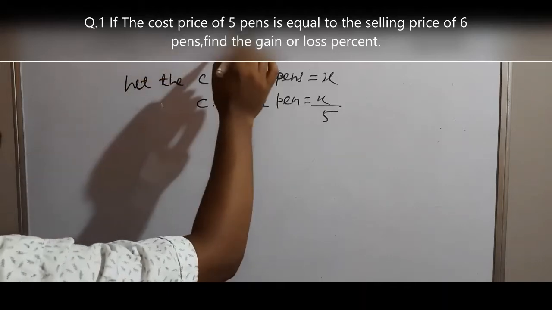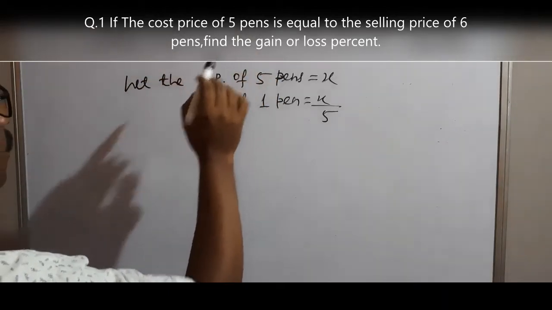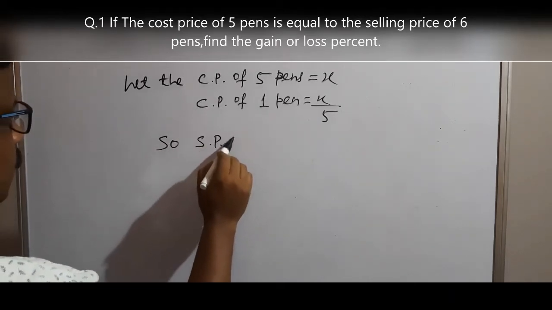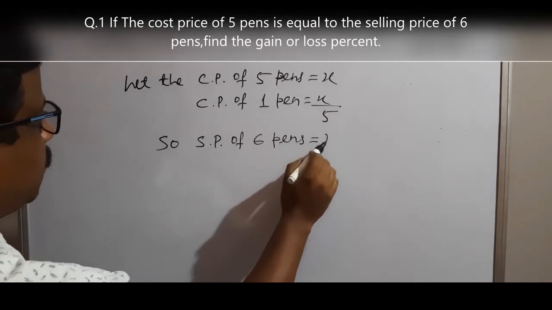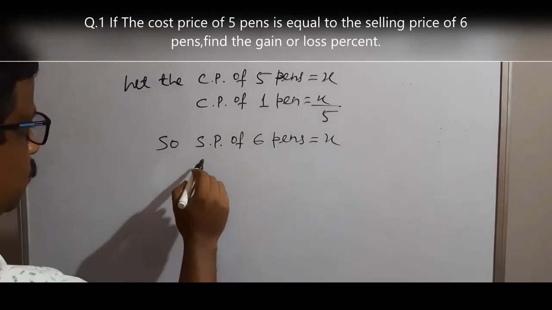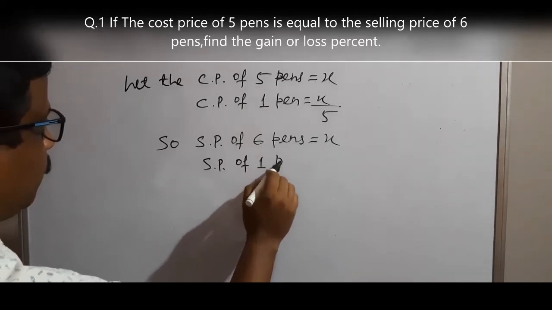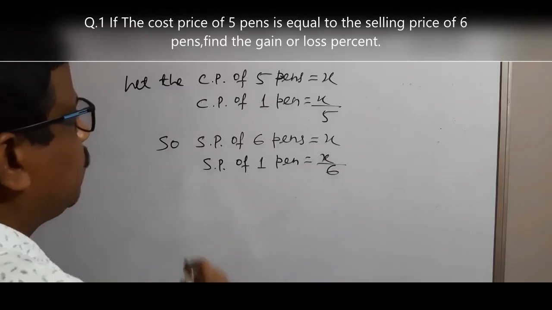Now the amount of the CP of 5 pens is equal to the selling price of 6 pens. So SP of 6 pens is equal to the same X. So SP of 1 pen is equal to X by 6.